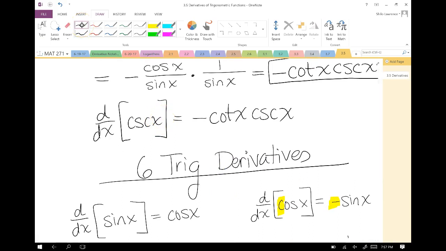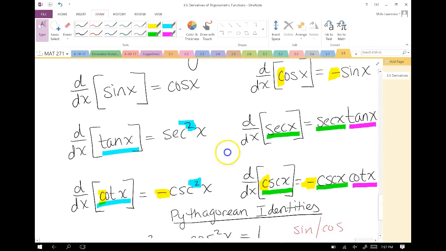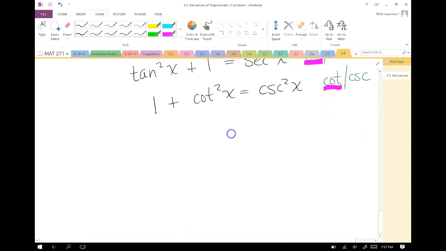It could be t, it could be theta, it could be anything. But if it's ever anything but just a single linear variable, then you're going to treat it like a chain rule. Then it's going to be considered its own function. So if I were to put 2x in there, then we would have to do the chain rule. Or if I were to put 5x minus 2 in there, then we would consider it a chain rule.